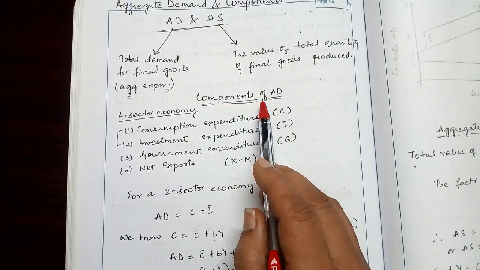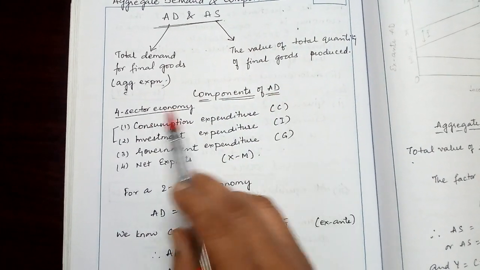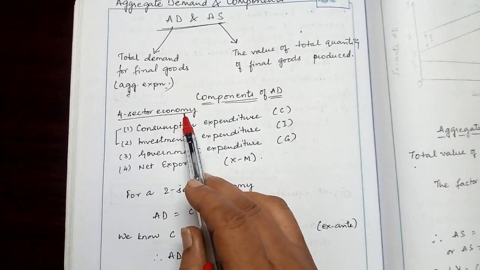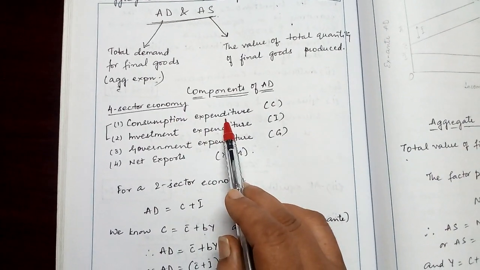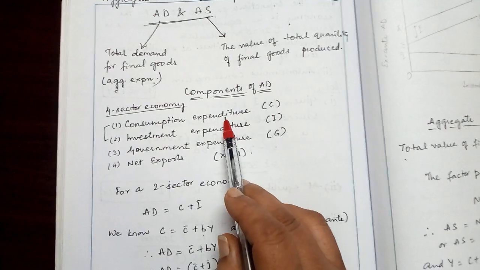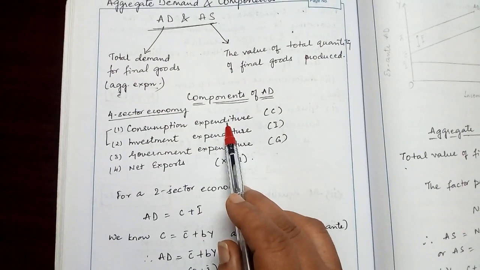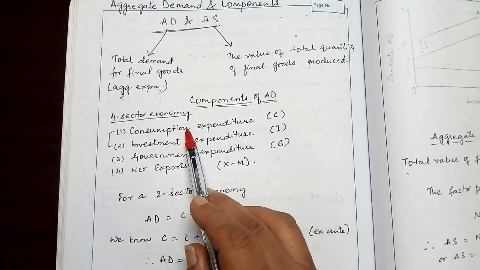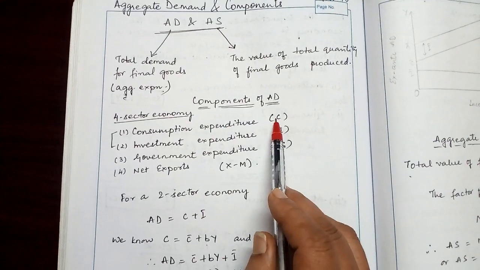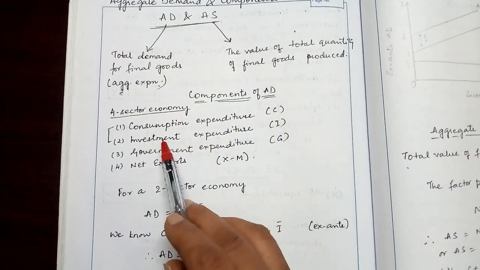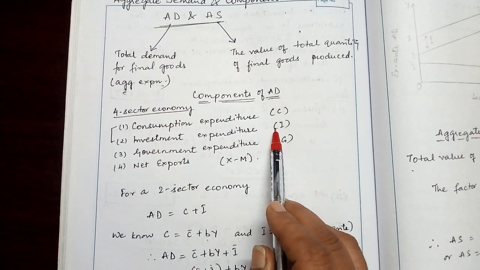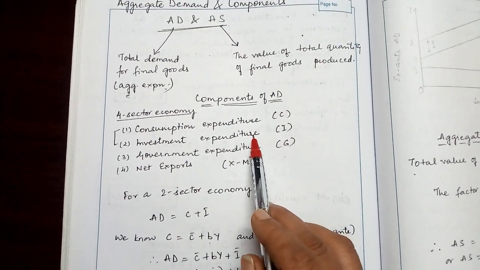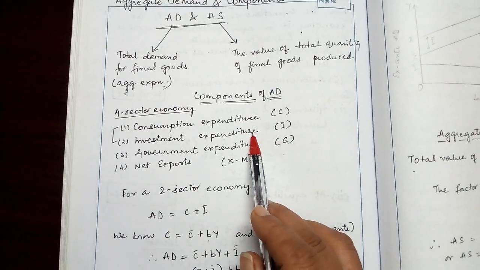Now, the components of aggregate demand in a four-sector economy, or an open economy, are consumption expenditure, that is the expenditure made by households on the consumption of goods and services, represented by C. The second component is investment expenditure, or I. This is the expenditure made on capital by the firms.